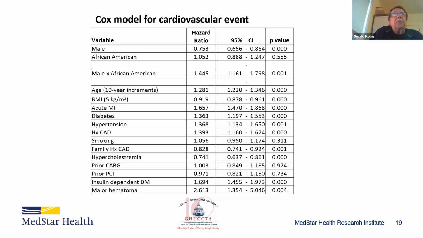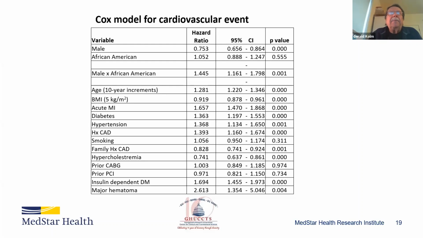And then we also had a number of covariates that we thought might also influence the survival rates or the hazard rates. So, for example, age. Here we've expressed this in 10-year increments. So here a hazard ratio of 1.28 means that for every 10-year increase in age, there's a 28% increase in the hazard rate.